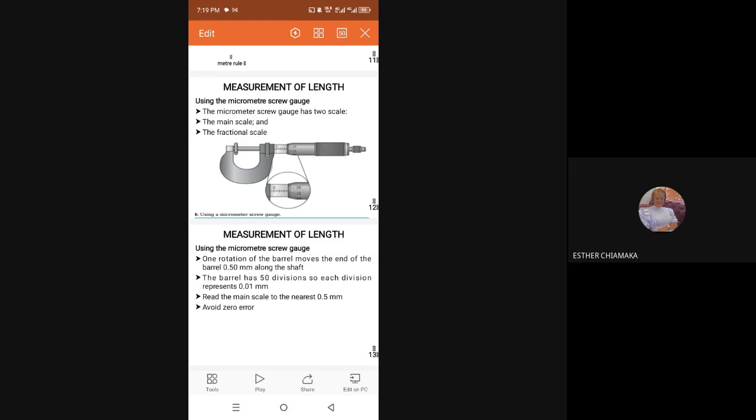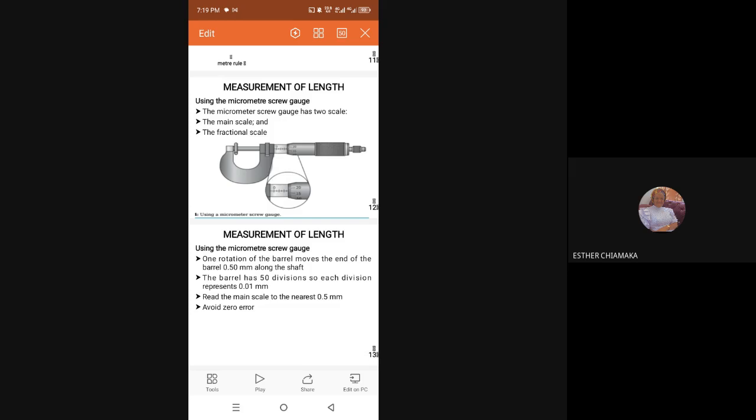Measurement of length using the micrometer screw gauge: one rotation of the barrel moves the end of the barrel 0.50 mm along the shaft. The barrel has 50 divisions, so each division represents 0.01 mm. Read the main scale to the nearest 0.5 mm. Avoid zero error.